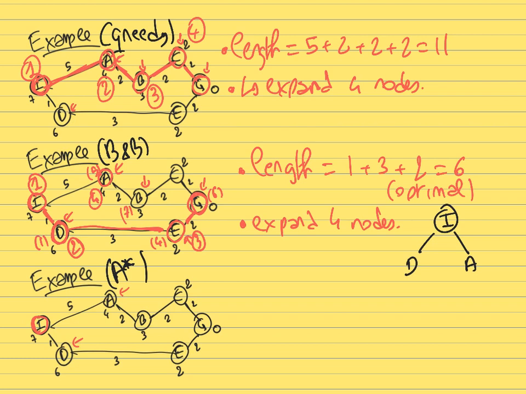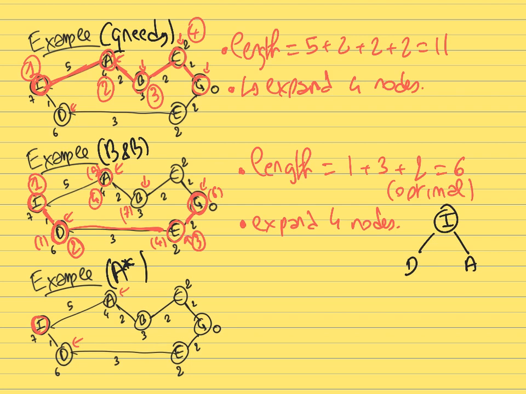To choose the state that you are going to pick and expand, you need to calculate the value of the cost function. The cost function in this case is the sum of 2 things. It's the sum of the distance that you have traveled so far plus the remaining distance from the goal.